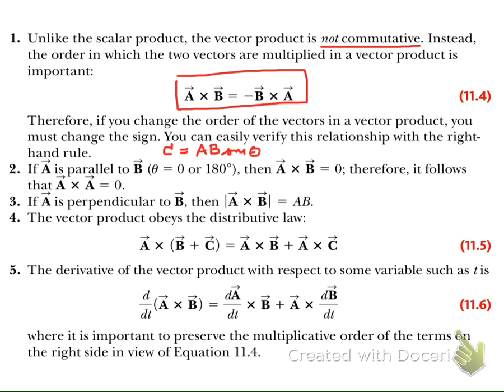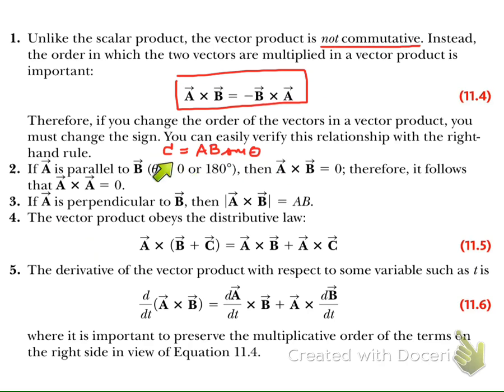So you can see that if theta is 0 or pi, or we can say it's 180 degrees, we have sine theta is 0, so A cross B is 0.